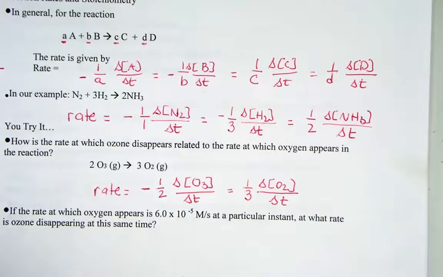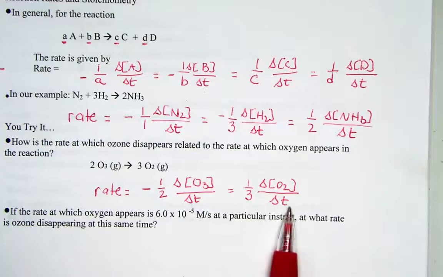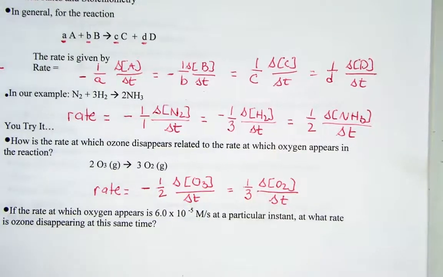So with stoichiometry, a rate expression: ozone disappears with a fraction of 1/2, set equal to molecular oxygen appearing with its fraction of 1/3. We might even be asked to number crunch.